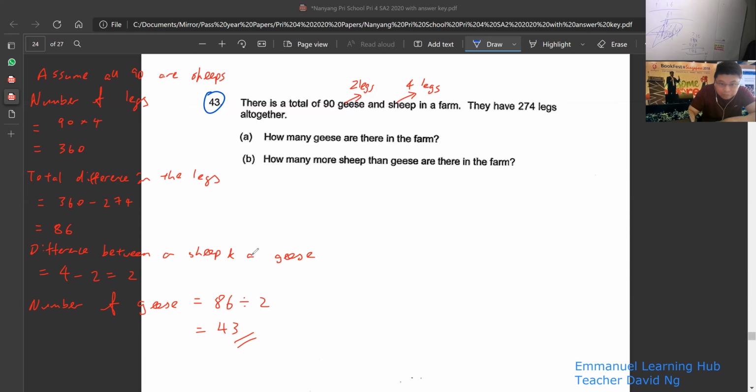Hannah? Because in reality, not all 90 are sheep. In reality, you have 274 legs. So there's a disparity in the number of legs, right?